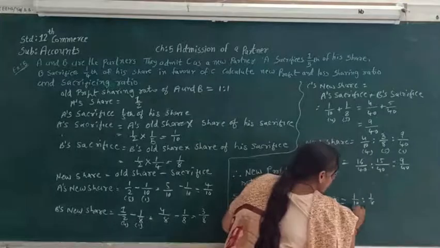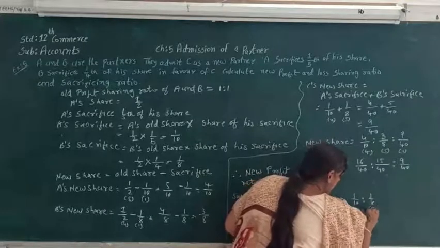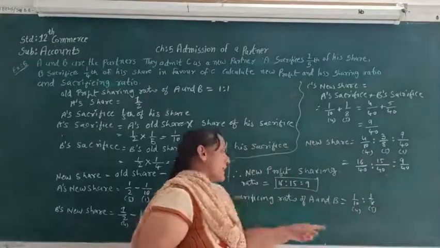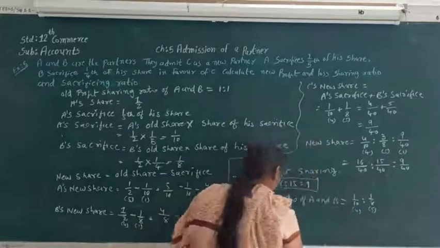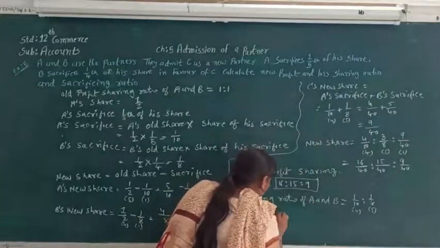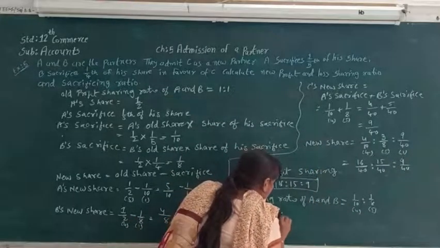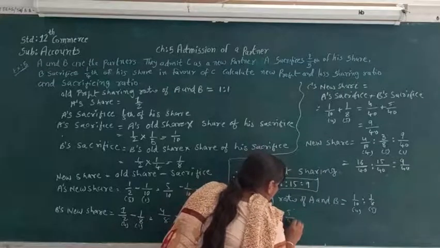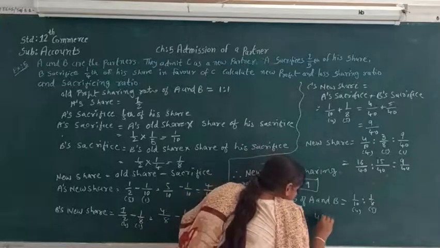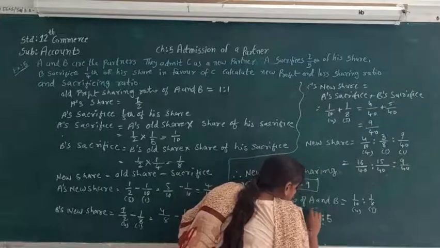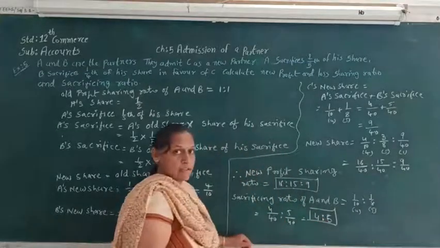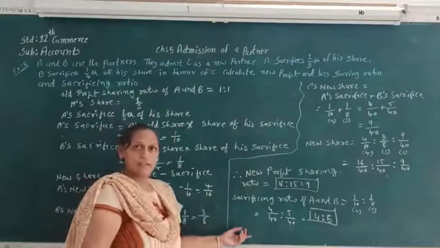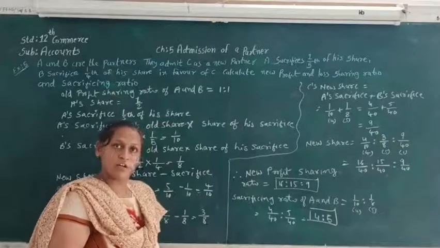To make the denominator the same, we multiply by 4 and then 5. So 4 upon 40 is to 5 upon 40. So the sacrificing ratio is 4 is to 5. So we have finished with this sum. You may note this down in your notebook.